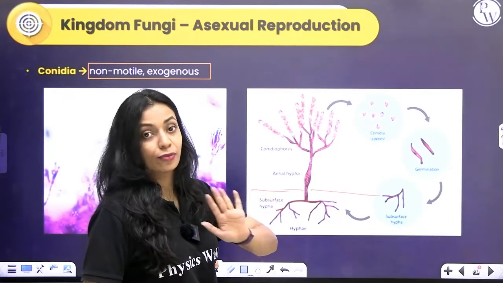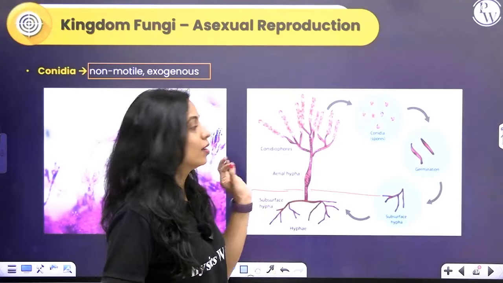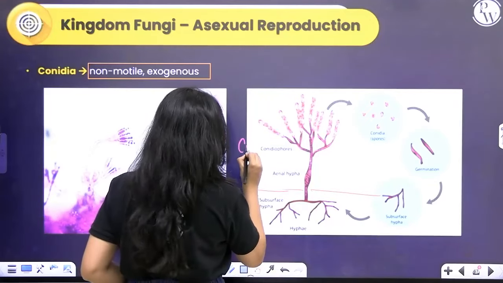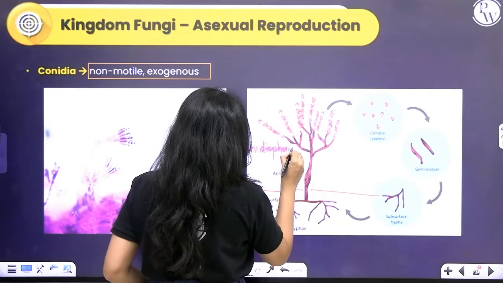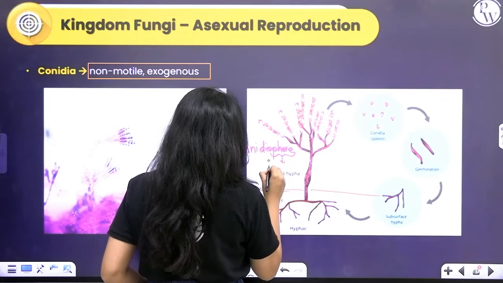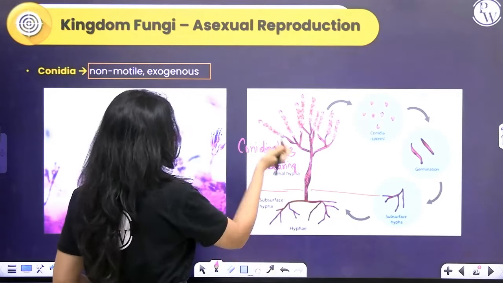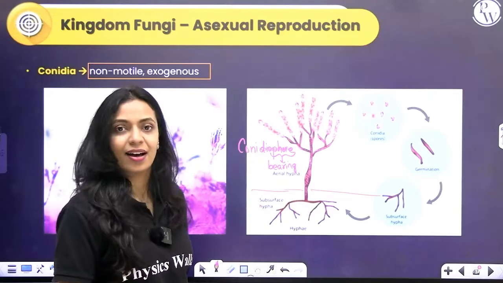It is spelled P-H-O-R-E, conidiophore. Phore means, I'll write it down here, conidiophore. Phore means bearing. It means it's bearing something. Conidiophore means a stalk-like structure that is bearing conidia. Okay.